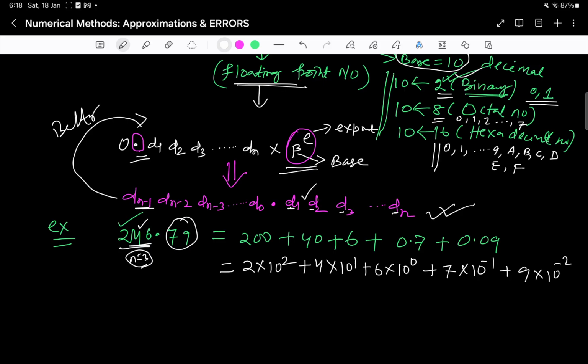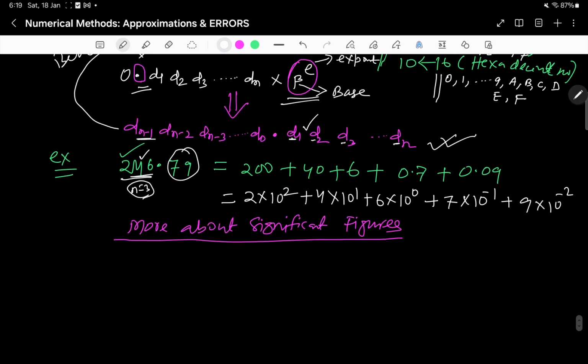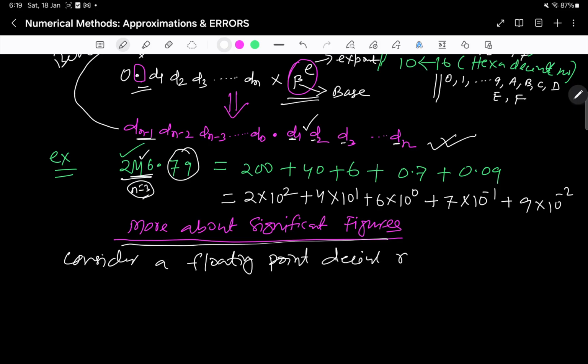Okay, so now coming to more about significant figures. Let us consider a floating point decimal number of this form: 0.d1 d2 d3 and so on up to dn, times 10 to the power some e, right?